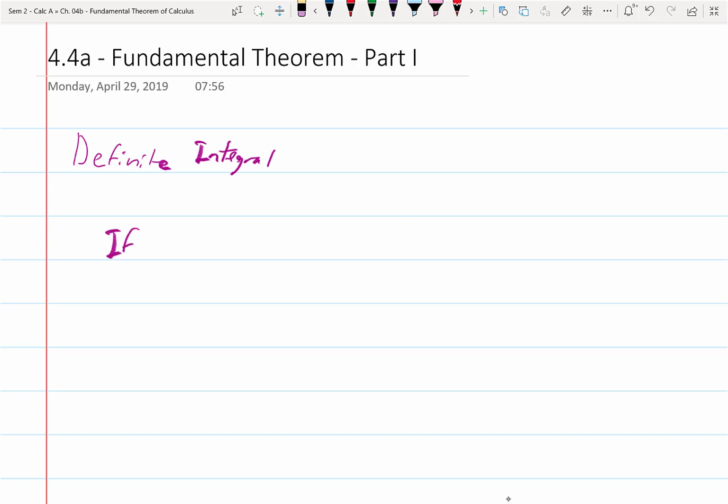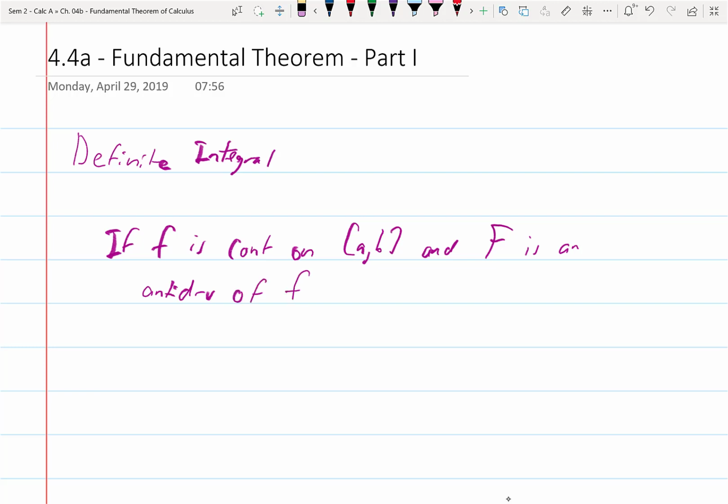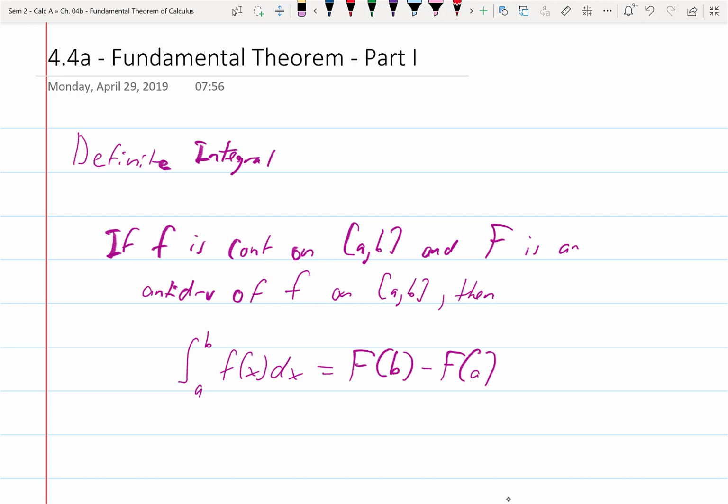And the way that this goes is if f is continuous on a to b, and big F is an antiderivative of little f on a to b, then the integral from a to b of little f of x dx equals big F of b minus big F of a.